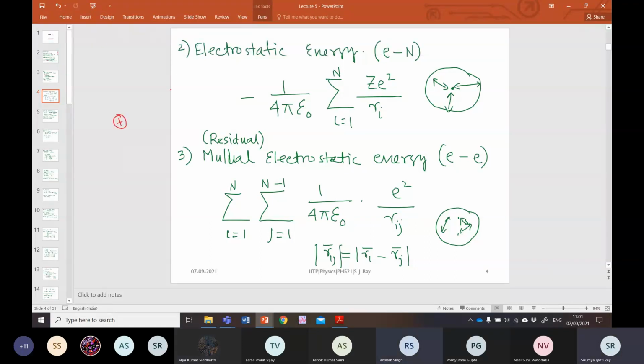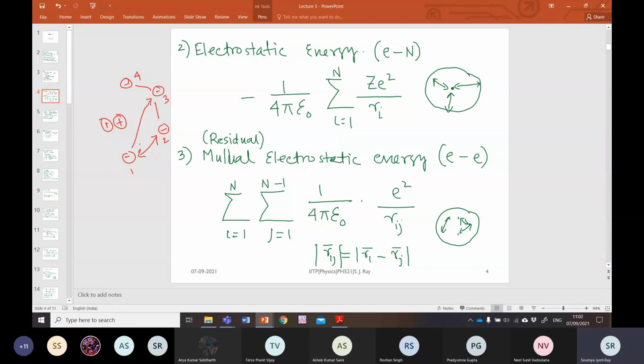So in the first case, let's say I have one electron here, one electron here, one electron here, one electron here. So the nucleus is unique, so this is only one. However, the electrons can be 1, 2, 3, 4. So that is why I can only do the sum over all the electrons. However, in the second case, the nucleus is not in the picture. I'm talking about the interaction between this electron and that electron.